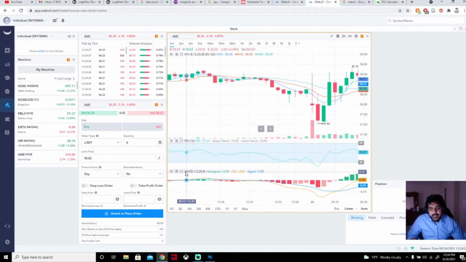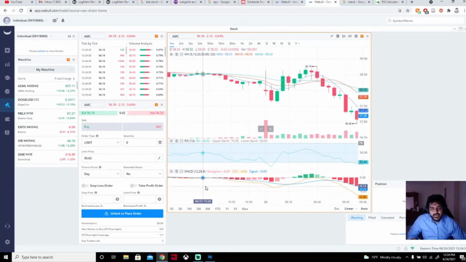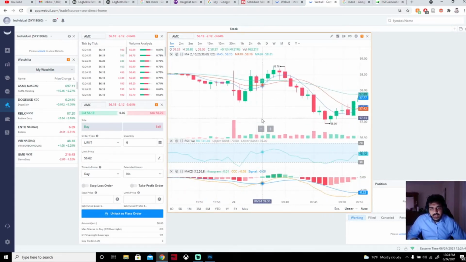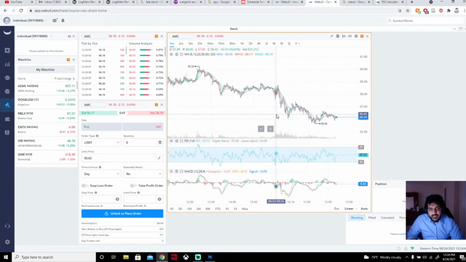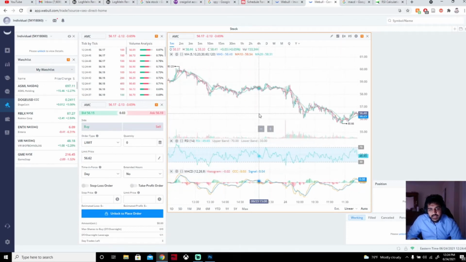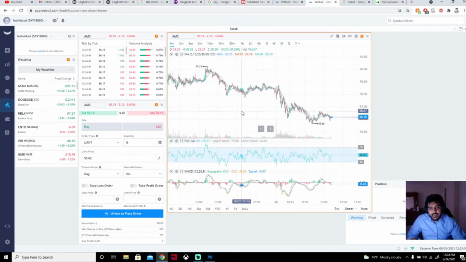Now that brings us to the next thing, which is moving average convergence divergence. MACD, it's the mother of all indicators for most traders. That's because you get a lot of information from this. Let me zoom out a bit so that you can see the full force of this MACD. You can see here that it always seems to ebb and flow.